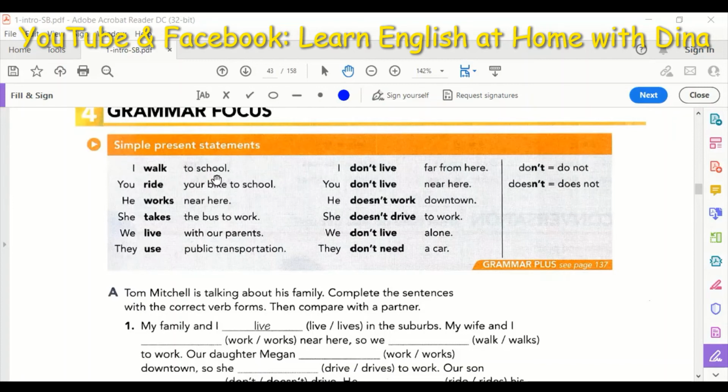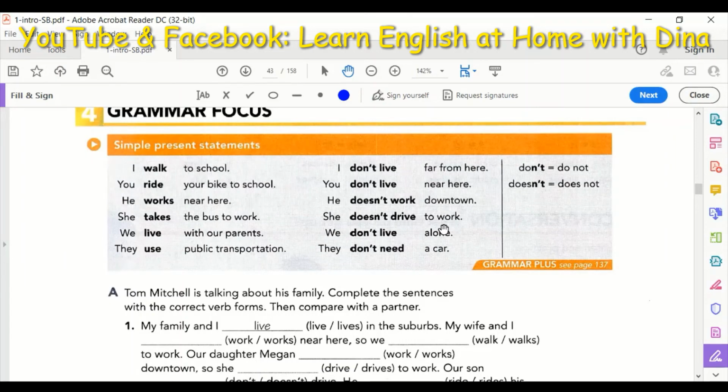I walk to school. I don't live far from here. You ride your bike to school. You don't live near here. He works near here. He doesn't work downtown. She takes the bus to work.